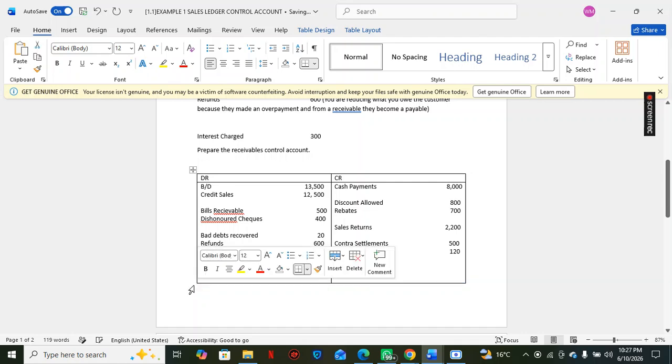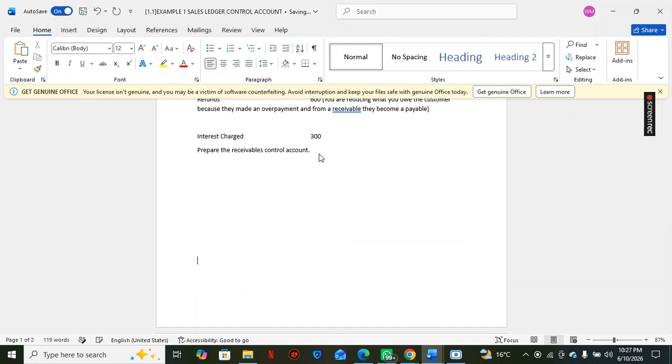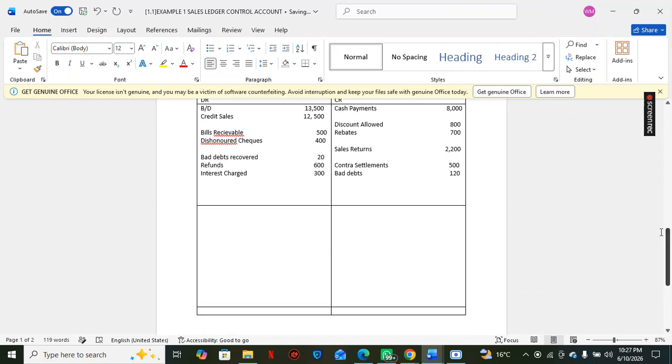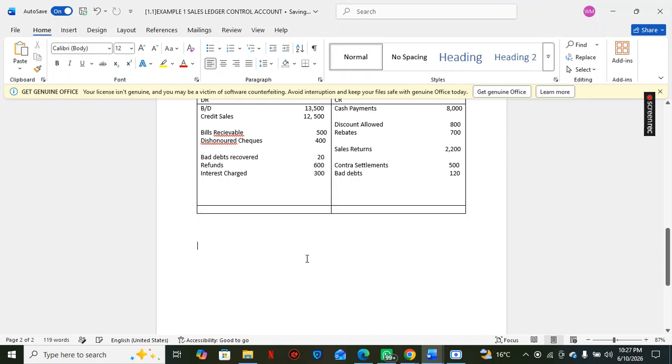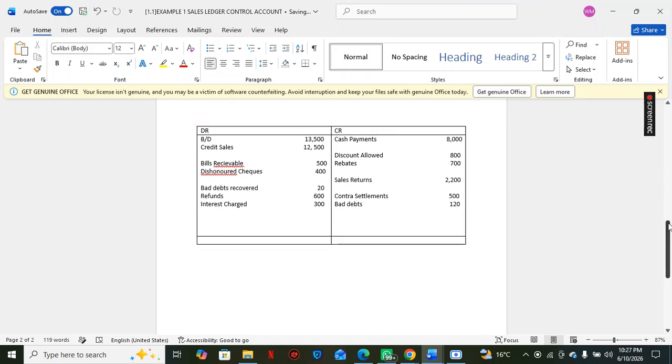All right. So now we can balance off our account. And so we get the totals of both debit and credit. So let's get the debit total.